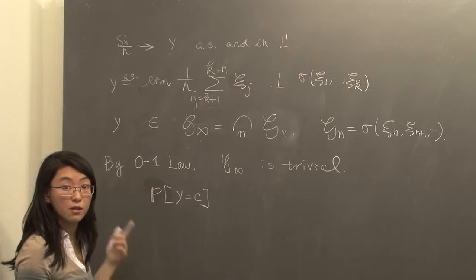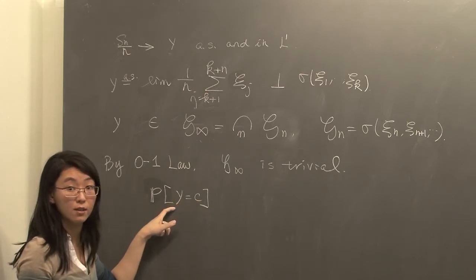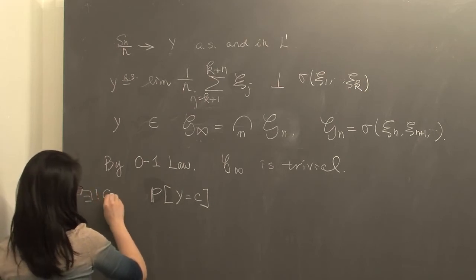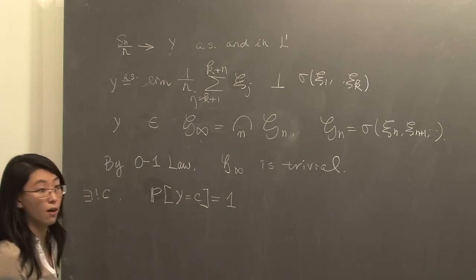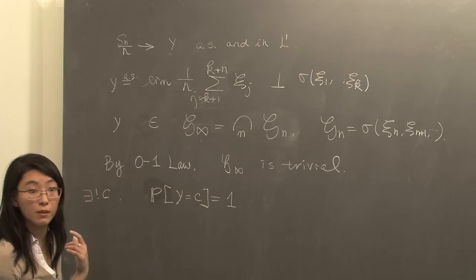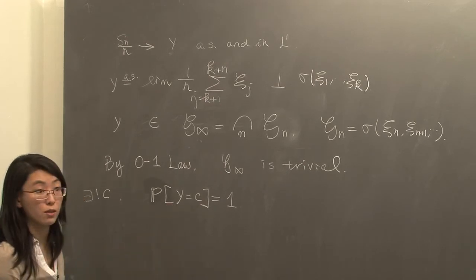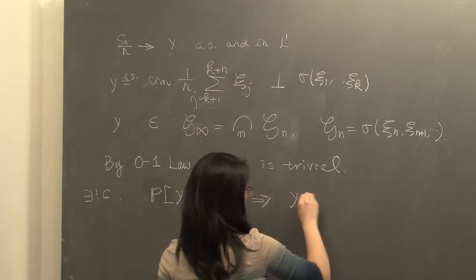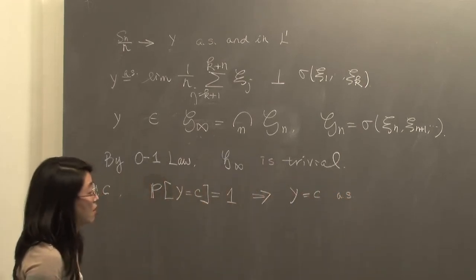And of course, there can't be two different c such that this event has probability 1. So there exists a unique c such that this probability equals 1, and for all other c's, the probability is 0. So this tells us, in fact, y is almost surely a constant. So y equals c almost surely for some constant.